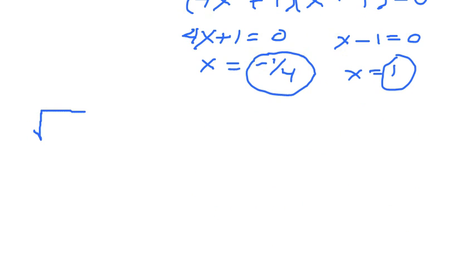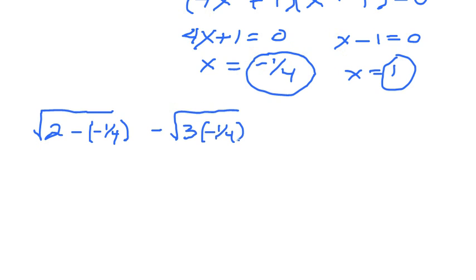Those are our two possible solutions, and we'll have to check them. Right, there's no getting around that. So we have 2 minus a 1/4, and then minus the square root of 3 times a negative 1/4 plus 1, right, is equal to, so all that's going to have to be equal to 1. So that's going to be 2 plus 1/4.